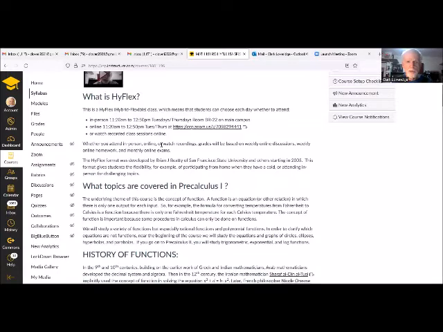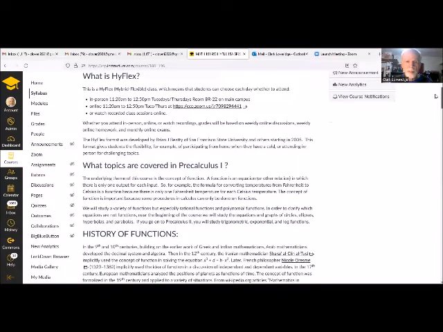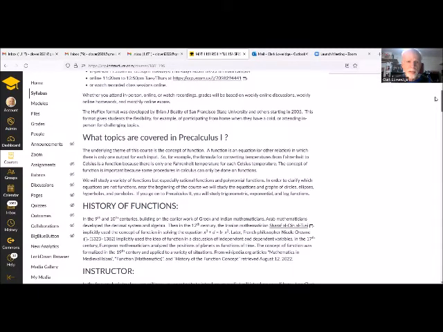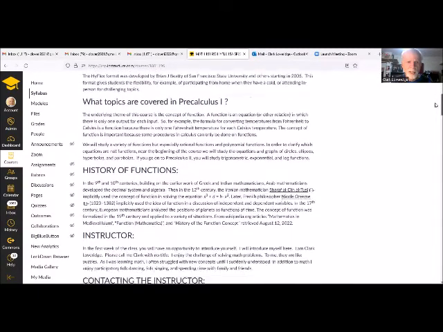Whether you attend in person, online, or watch recordings, grades will be based on weekly online discussions, weekly online homework, and monthly online exams. Whether you're attending in person or online, you still need to submit the assignments online.